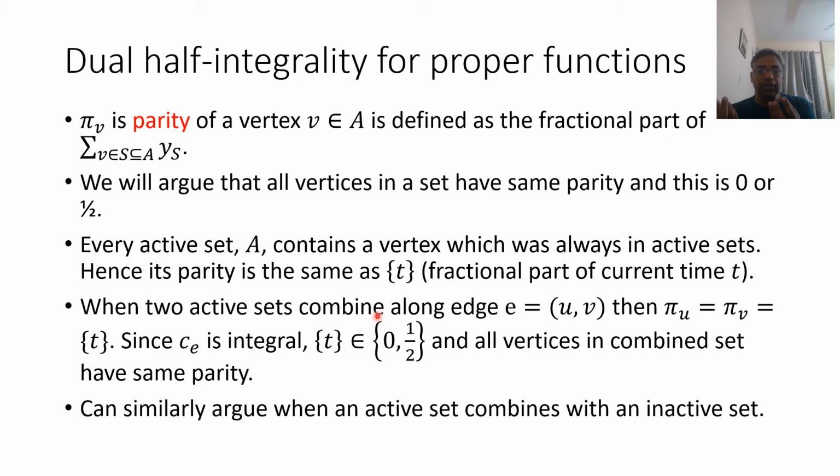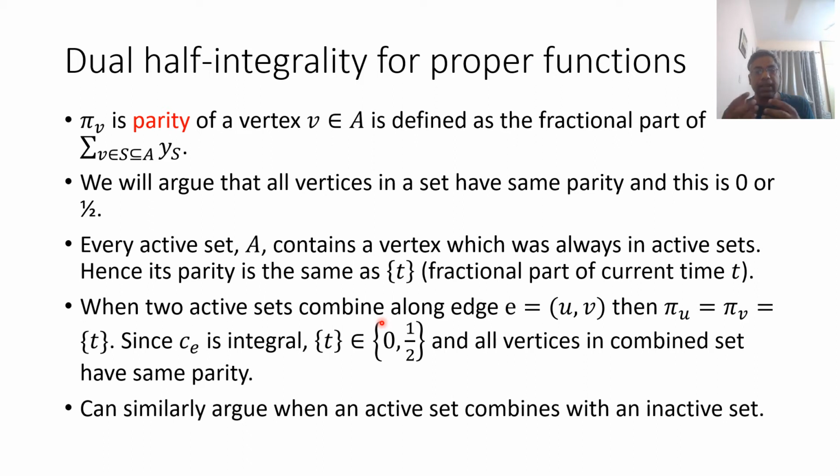Remember, there is a vertex in each of these sets whose parity is the same as the parity of the current time. Now these two sets combine along a tight edge e equals uv, and the parity of u and the parity of v is the parity of the current time. And since the length of this edge is integral, it would mean that the time at which they combine would have parity either 0 or half.